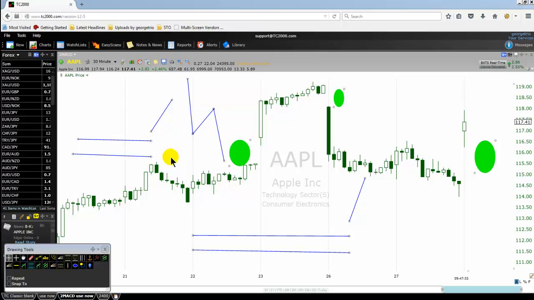The continuation gap is likely to happen in the middle of the train, somewhere here. Continuation gap in the middle of the train. And the third gap is what we call the exhaustion gap. The exhaustion gap will take place almost at the end of a trend.